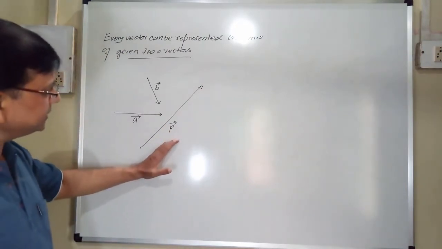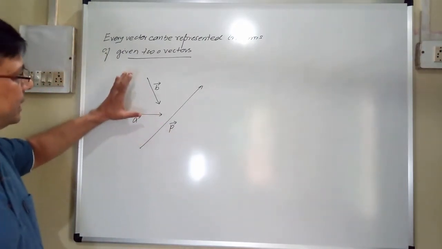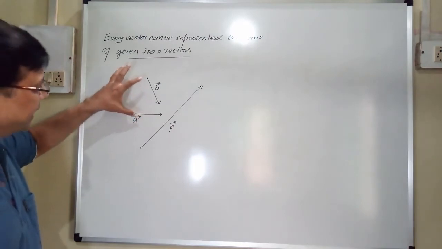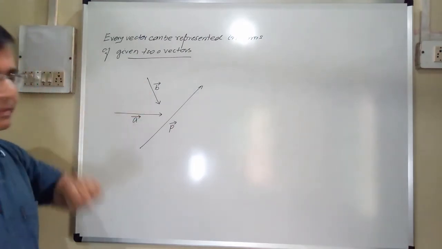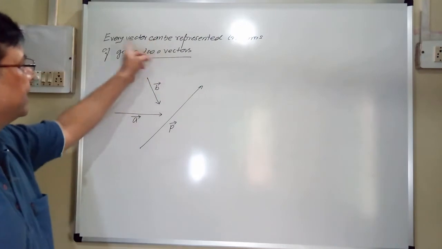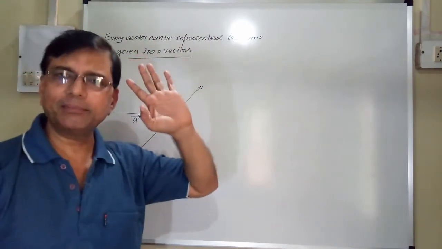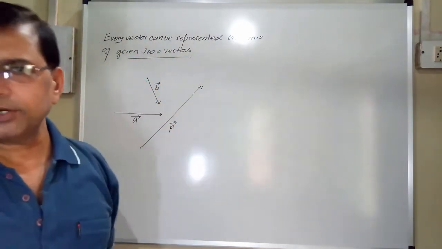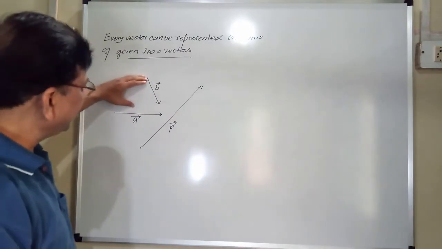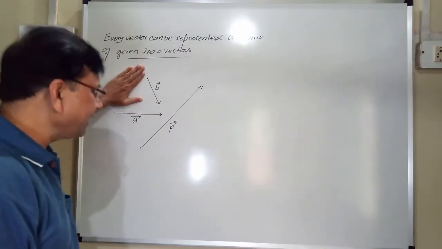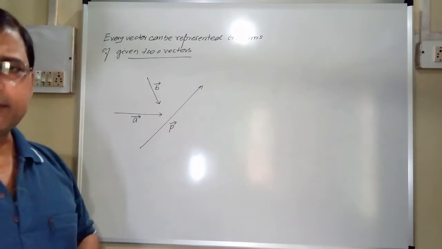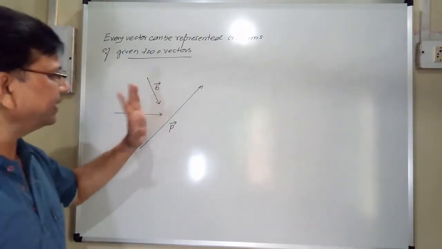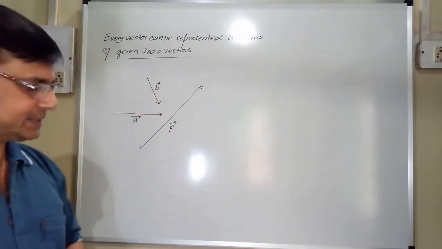This P is to be represented in terms of these two vectors. What is this? Every vector can be represented in terms of given two vectors. So these A and B two vectors are given and this vector is to be represented in terms of A and B. How will we do this?